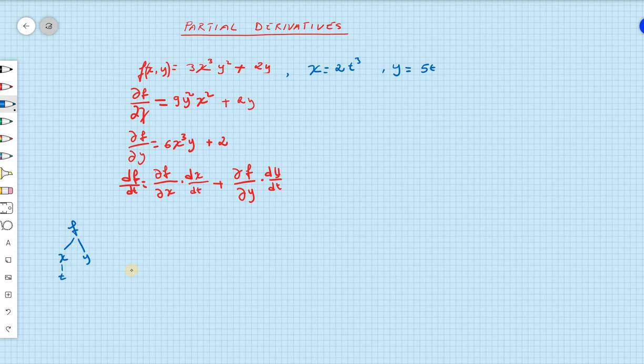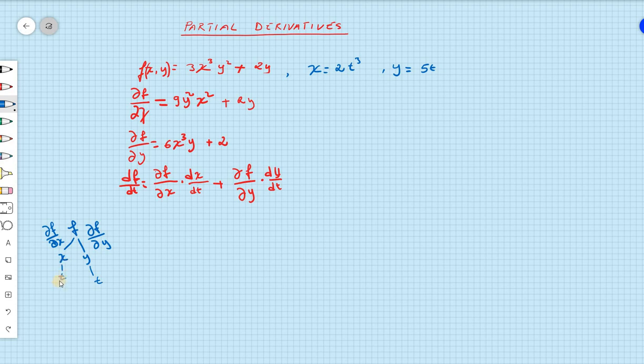Y also depends on one variable, which is t. So here from f to x, well, f has two variables. That means here I have to do partial derivative. So partial f partial x as well. Same thing here, partial f partial y. And I go down as well.